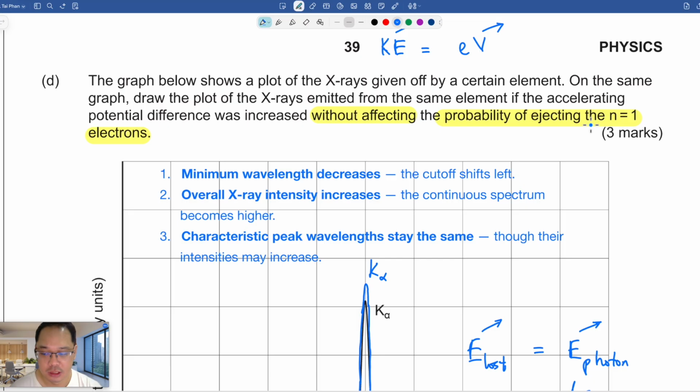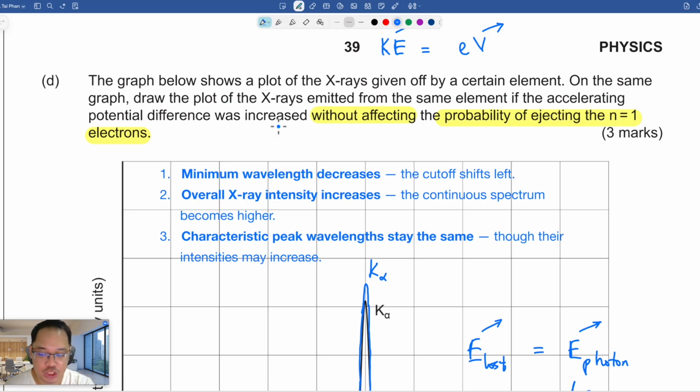But that does not mean that the number of electrons ejected from the N1 level is the same, because probability and number of ejected electrons are two different things. The probability here means how likely, the chance, how many percent, that an electron is knocked out from the N1 level per each incident electron.